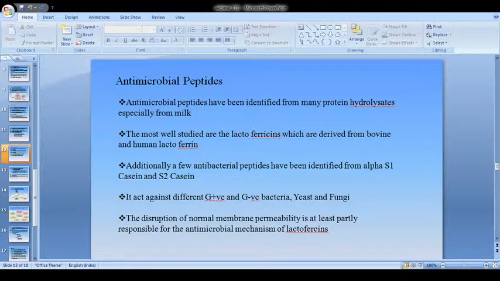Usually these molecules are composed of 10 to 50 amino acid residues, and they are arranged in different groups based upon their amino acid composition, size, and conformation.